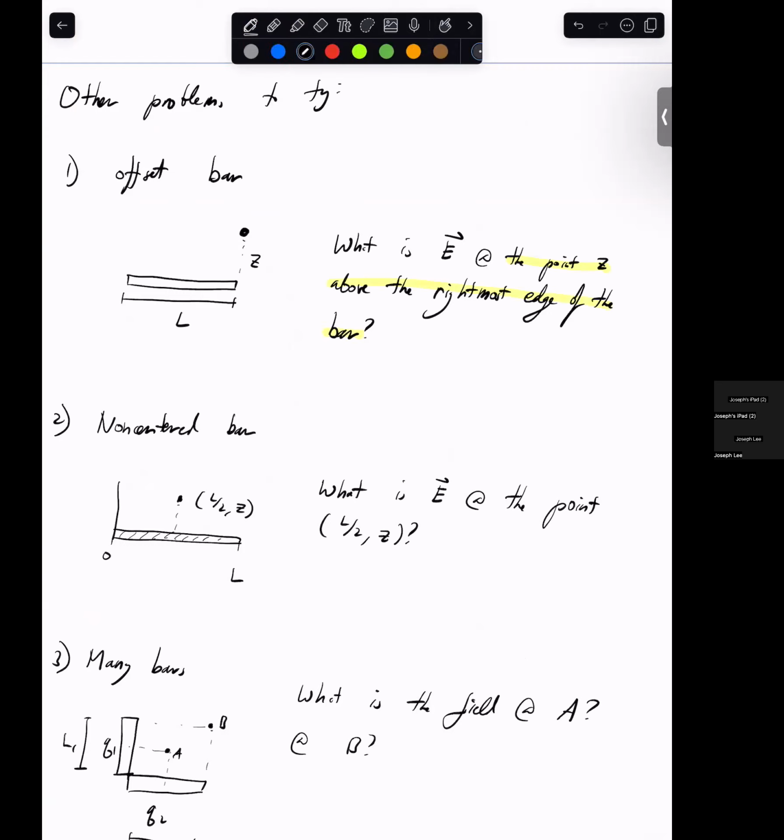As a hint, you basically set up a lot of the same problems that you did before, but now I would set this end here to 0, this end here to L. And the thing that you're going to have to figure out is, I'm drawing all these lines from little parts of this bar, right? You're going to have to figure out what this vector or this distance R is for each of these little differential charges.